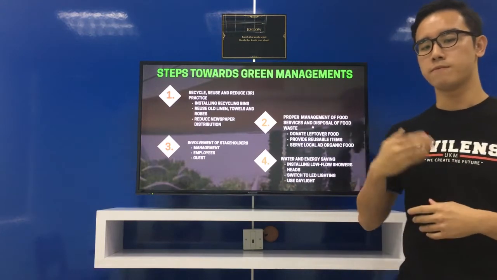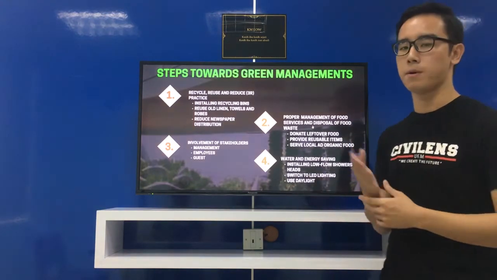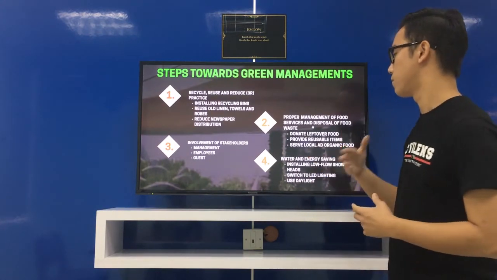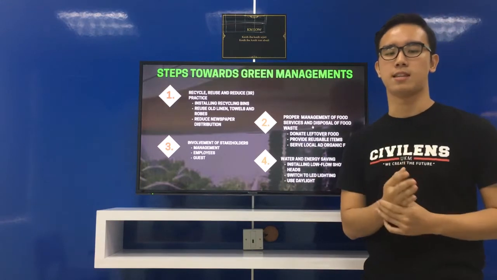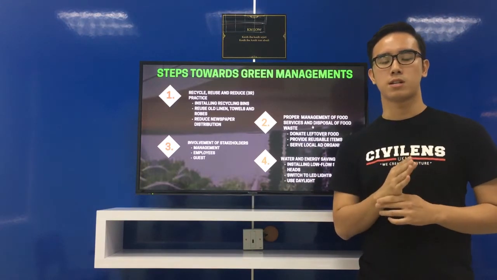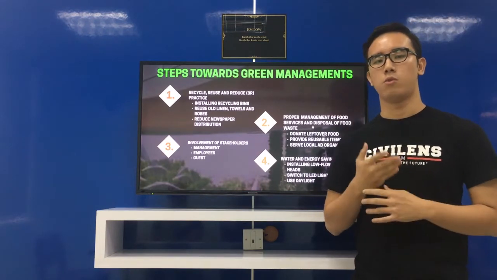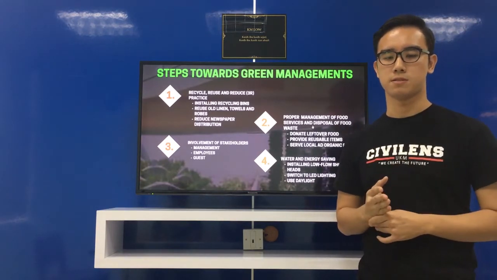And next, we move on to the second point, which is the proper management of food service and disposal of food waste. The first thing we can do for food service is to donate the leftover food to local non-profit organizations, and also compost it with biodegradable items.